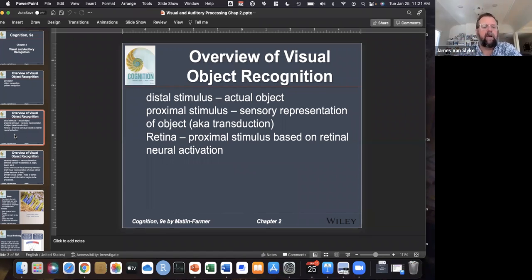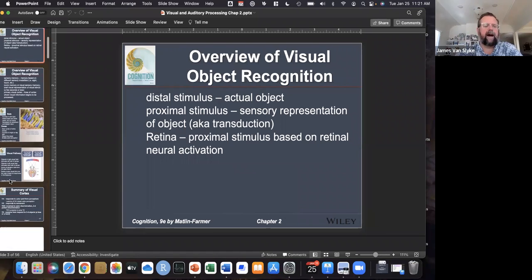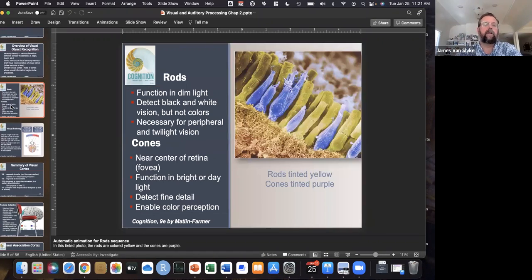We'll start with the eye, and the eye contains two different types of sensors, and those are rods and cones. Rods are the most spread out within the retina, meaning they're the cells that are the most prevalent within the retina.